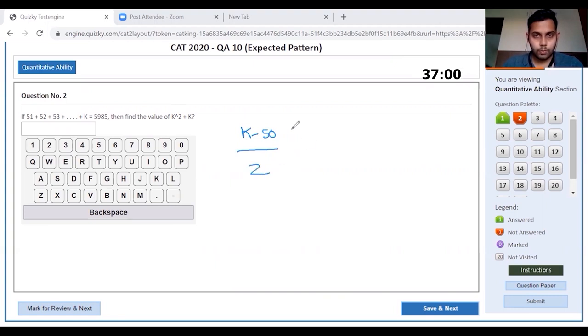Divided by 2 into 51 into 2, 102 plus K minus 50 minus 1 is K minus, sorry, K minus 49 is 5985 into 2. 5 into 2 is 10, right? So 10, 16, 17, 9, 18, 1, 9, and 11, right?